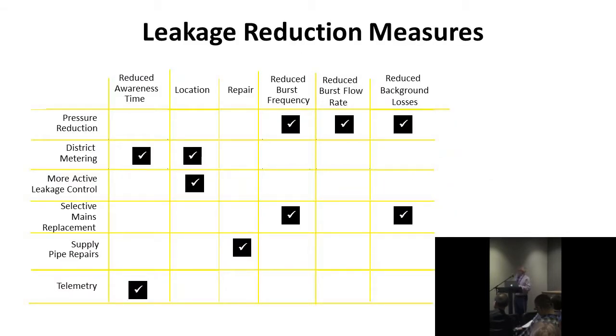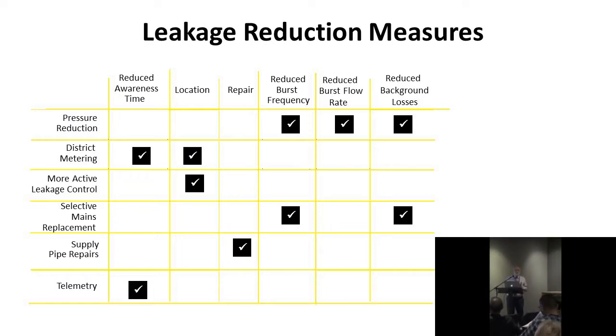The big advantage, if we look at the sort of things that Ken has talked about, awareness, location, and repair, and other things about what determines how much leakage, what volume we lose, then if we take those things and look at the actions we can take, pressure reduction can actually tick 3 boxes. It will reduce burst frequency, it will reduce the flow rate at which any leaks are leaking, and it will reduce this thing called background leakage.